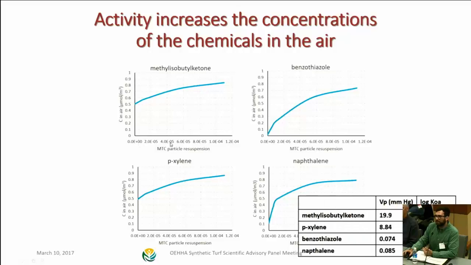And if we have a look at the different vapor pressures or the different log K octanol-air, you see that these 2 substances are volatile enough to be found in the air without any activity. But for benzothiazole and naphthalene, the concentrations without activity are very low, nearly 0, not exactly 0, but nearly 0. And basically, activity is the driving force for these substances in the air.